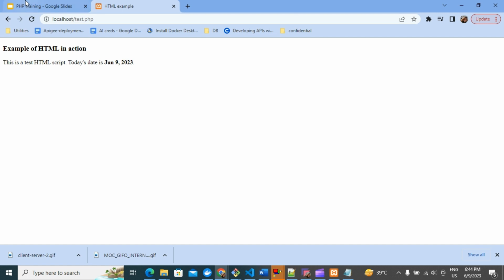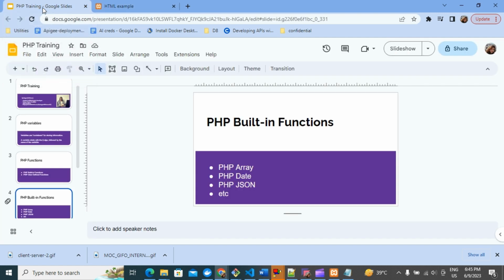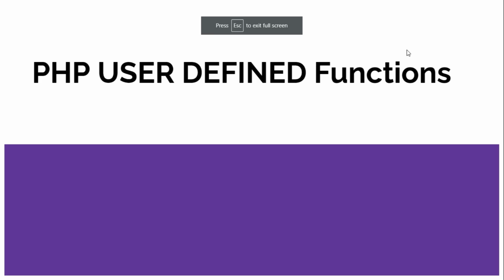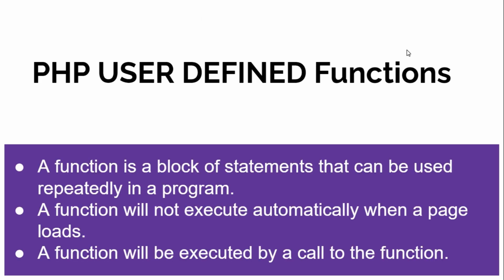Now, let's come on to what is a user-defined function. A user-defined function, as the name indicates, is defined by the user. Besides the built-in PHP functions, it is possible to create your own functions. Let's understand more deeply. You need a piece of code or a functionality at two different places.